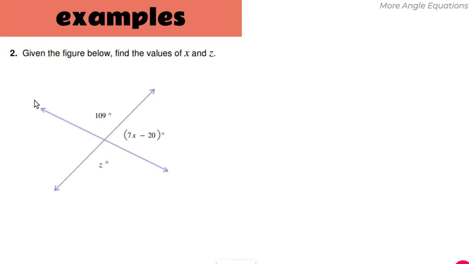Let's look at another example. Same type of situation. You can decide, do you want to find z first or x first? It does not matter. This time, let's find x first. Now, if we want to find x first, I can't use this supplementary angle situation with z and the x, because now we're dealing with two different variables.